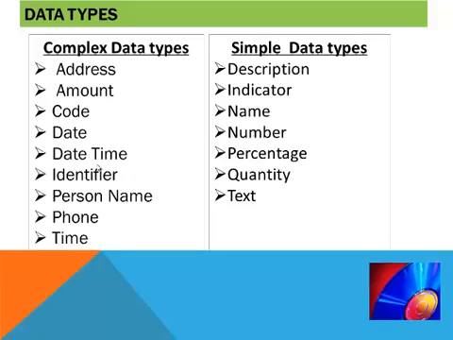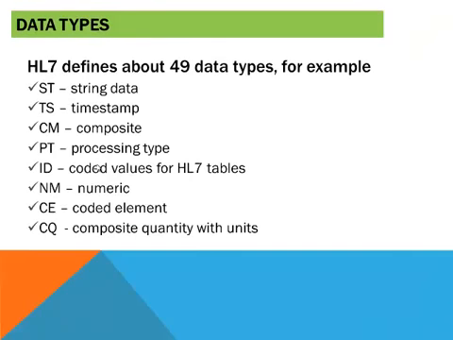In fact, in chapter 2 of HL7 version 2, they have a very detailed description. The total number of data types in HL7 is about 49. What you saw just now is ST, TS, CM, PT, ID, NM, CE, CQ.